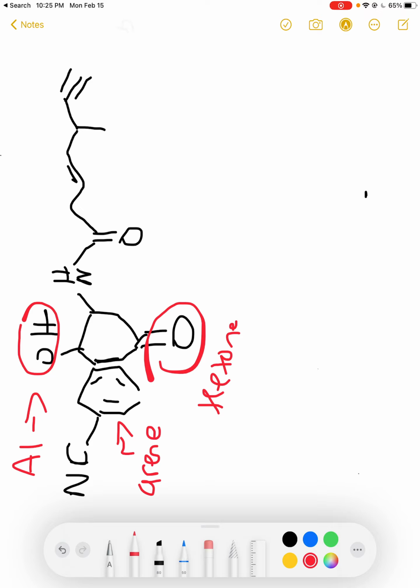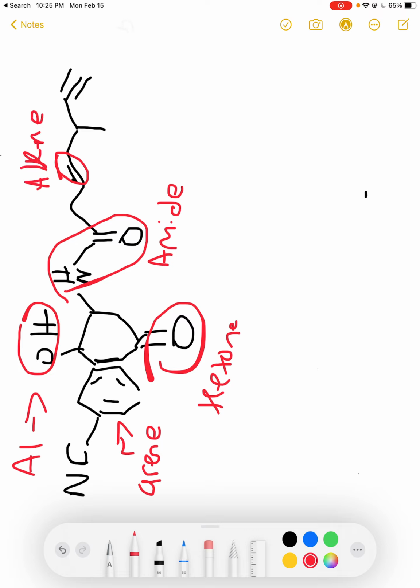This structure is the amide. This right here with the double bond will be an alkene. That one's pretty easy. And then you have a triple bond at the end, and that'll be an alkyne. Sorry, I ran out of space to write.